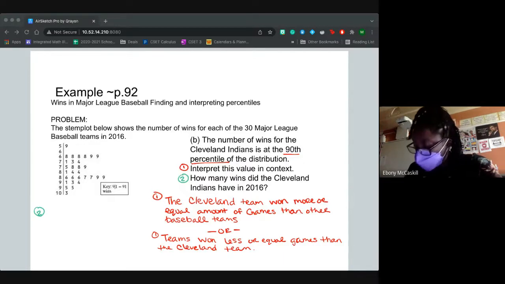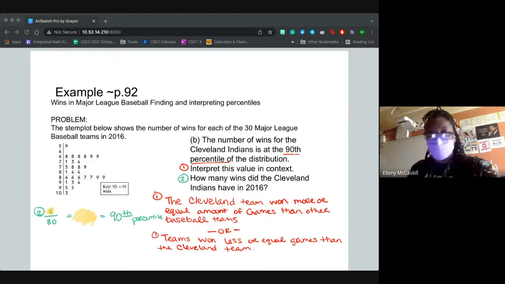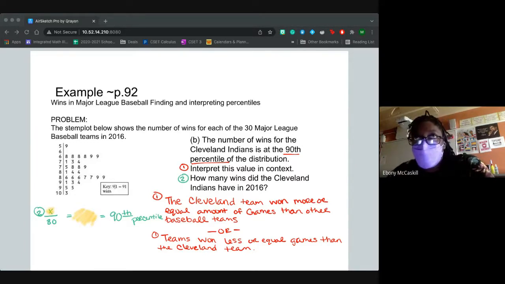But we do know how many teams there are in total. We know that they were in the 90th percentile. So if we can figure out these missing parts, we'll be able to answer that question.